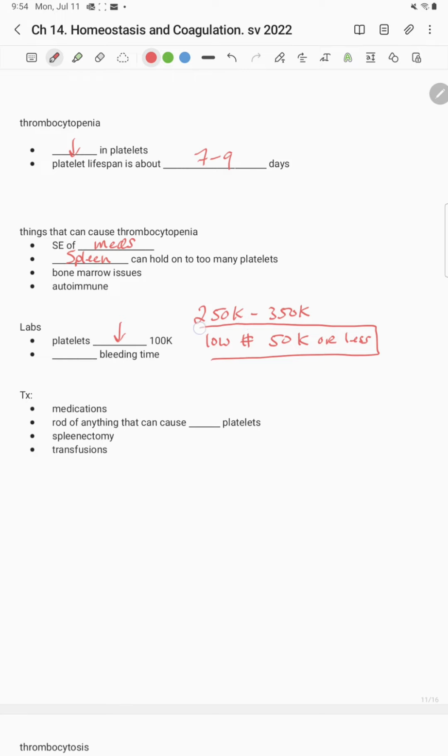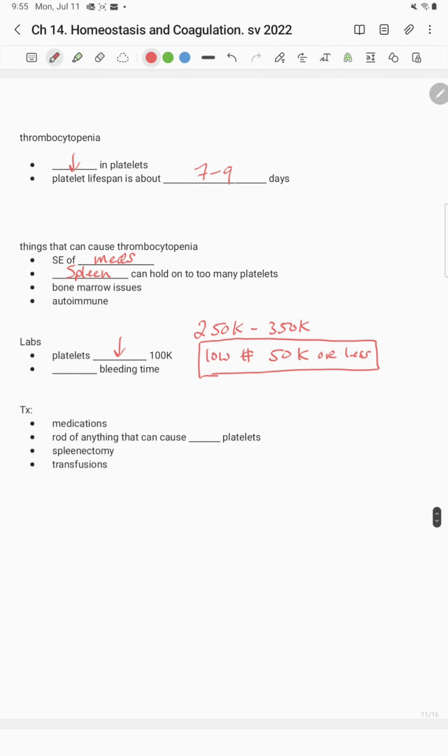On your lab printouts, for the most part, it's not going to red flag it until it gets down to 50,000 or less. Now, on the functional medicine side, that cutoff is 100,000. So think about that. If a person's at 52,000 platelets, you're like, no, you're fine. It's like, no, you're not fine. Something's going on.